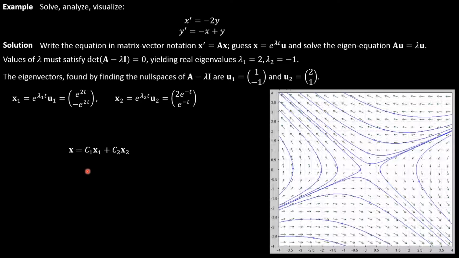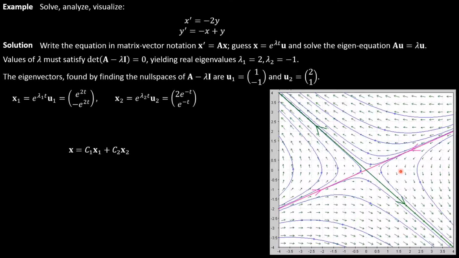And this is what the solutions look like. And if you plot the eigenvectors, or the eigenspaces, really, the lines going through the eigenvectors, you get this green one, which is obviously the first eigenvector, and the purple one is the second eigenvector.